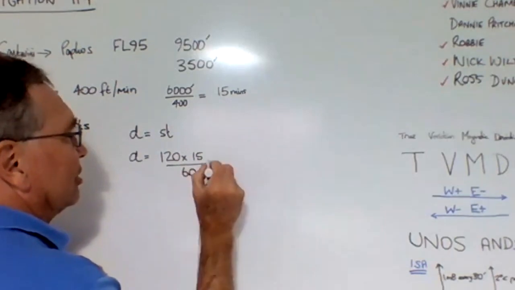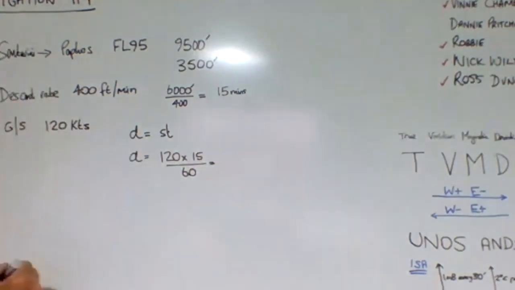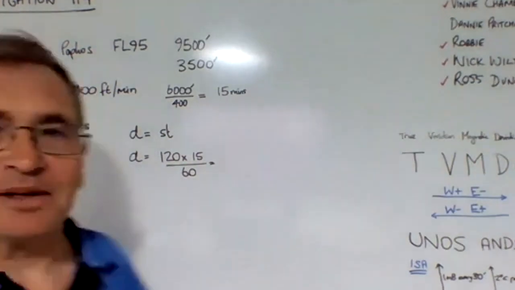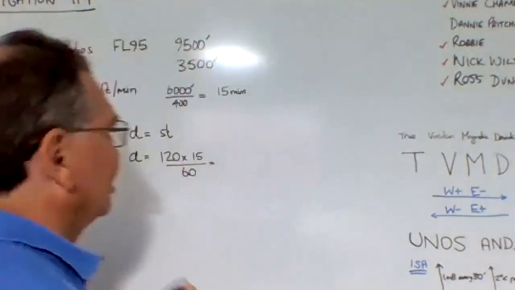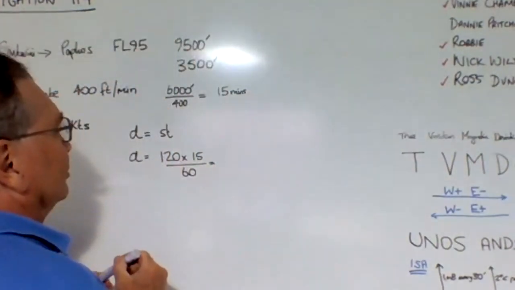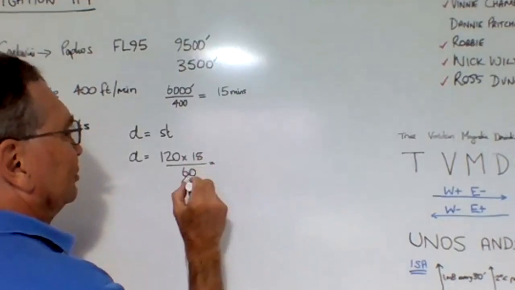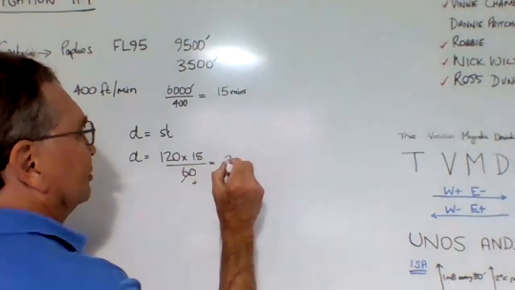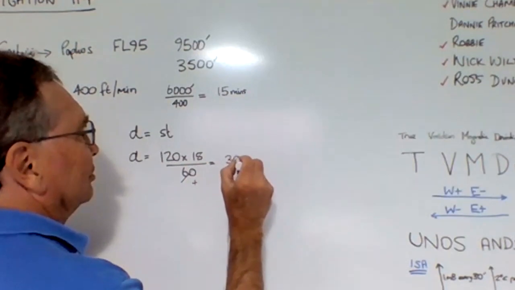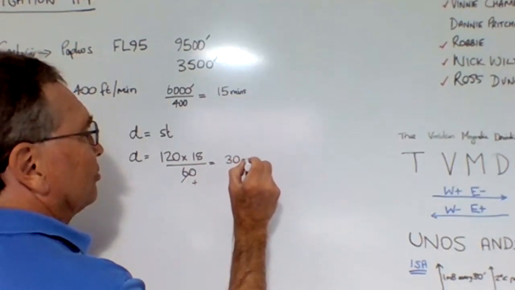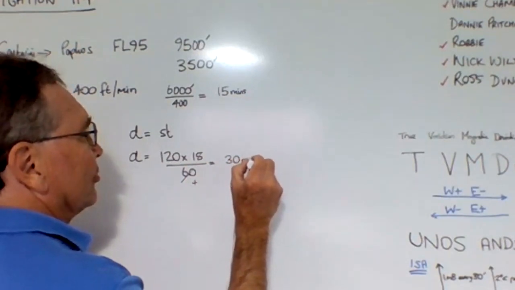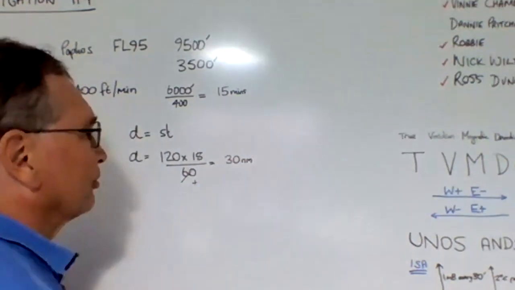Got 1,800 divided by 60. 30. Is that going to be miles? 30 nautical miles.